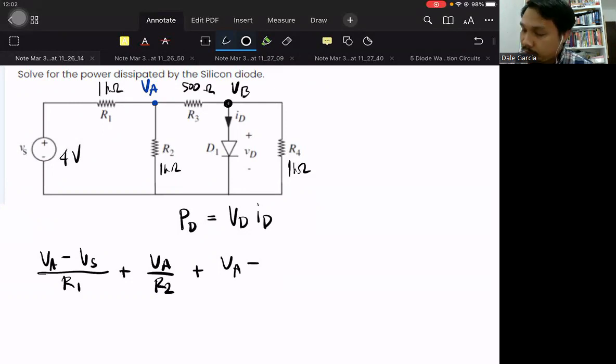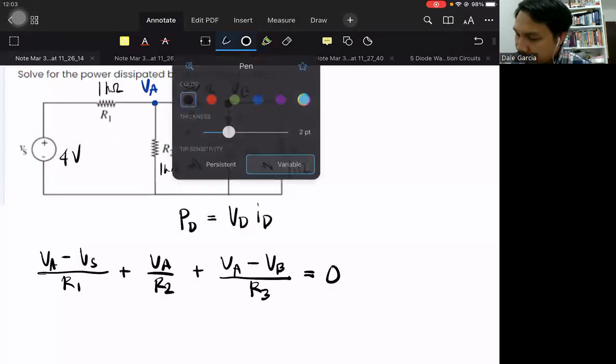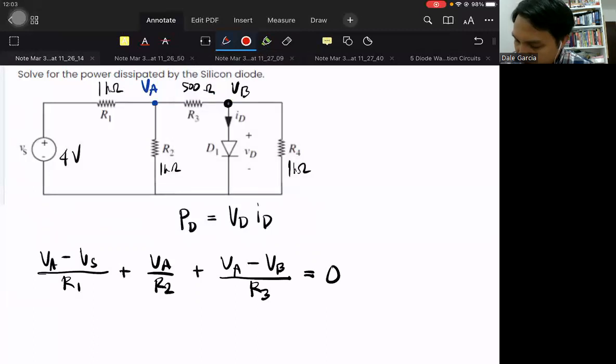VB is equal to VD, the voltage drop across the silicon diode.